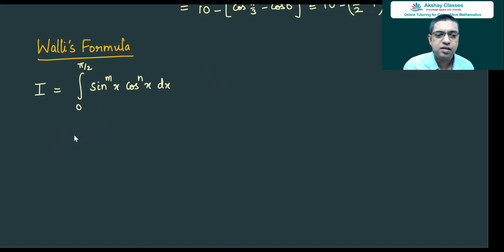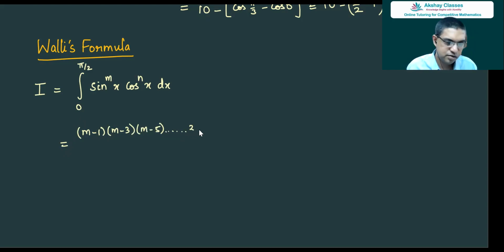Okay. Now, integral 0 to pi by 2 of sin power m x cos power n x dx will be equal to m minus 1 times m minus 3 times m minus 5 and so on, till 2 or 1. Either the sequence should end at 2 or it should end at 1. If m is even, it will end at 1. If m is odd, it will end at 2.